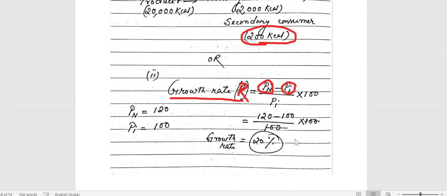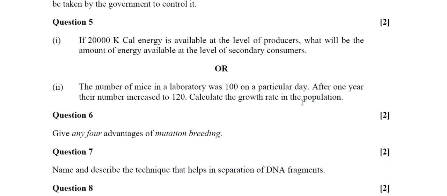That means initially the population was 100 and now it increased to 120. So (120 minus 100) by 100 into 100, and if you calculate it, we'll get the growth rate as 20%, and this is the correct answer. So the question which is given, calculate the growth rate in the population, it will be 20%.